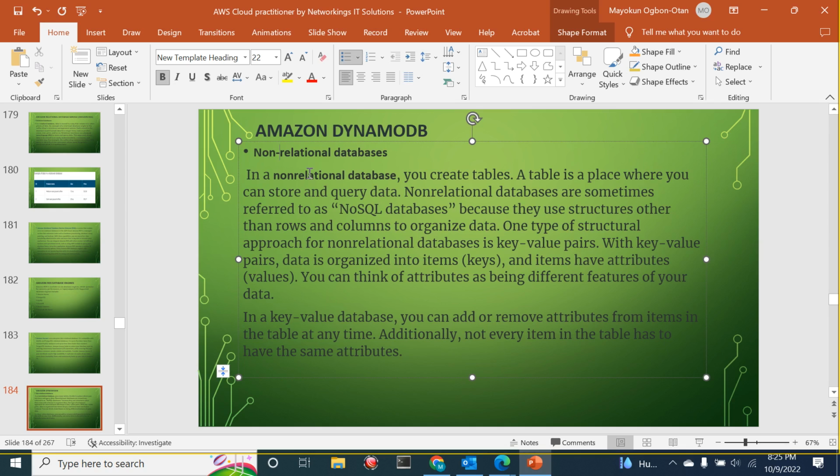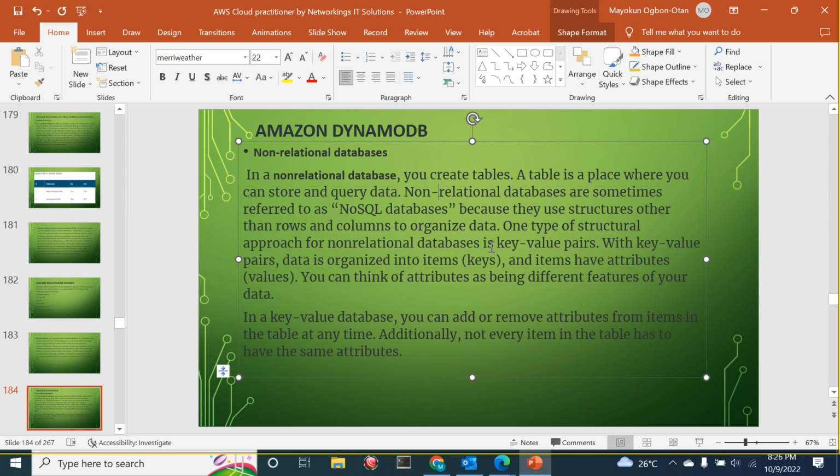All right, sir. Amazon DynamoDB, non-relational databases. In a non-relational database, you create tables. A table is a place where you can store and query data. Non-relational databases are sometimes referred to as NoSQL databases because they use structures other than rows and columns to organize data.